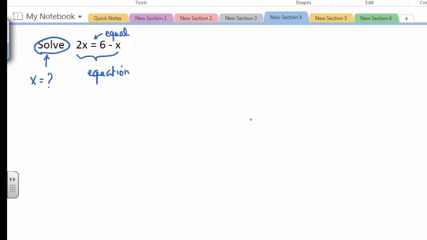I'm going to try to draw the tiles related to the left side. 2x, that means I am using a variable. That means I'm using rectangles, not squares. Are they positive or negative? As you can see, positive 2x, that means positive.